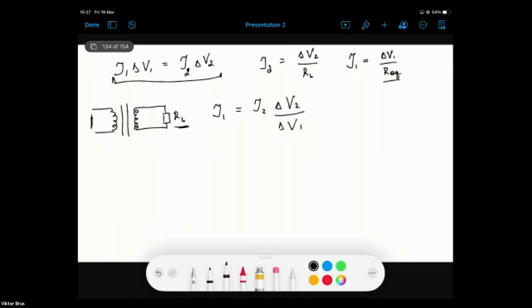So this comes from here. Now we can substitute I2 with its expression, delta V2 divided by RL. So then we get delta V2 divided by delta V1 times delta V2 divided by RL.